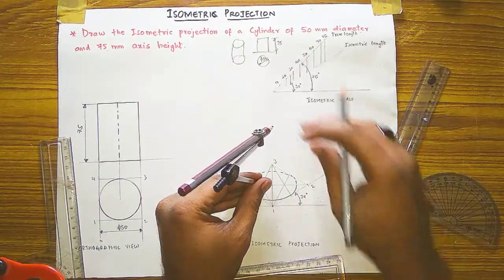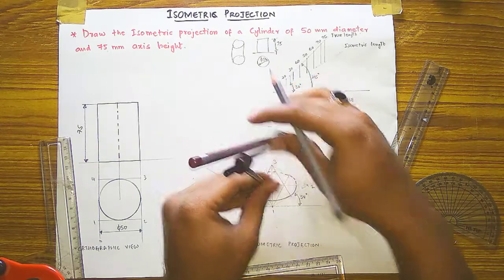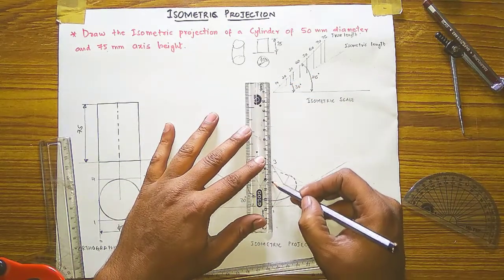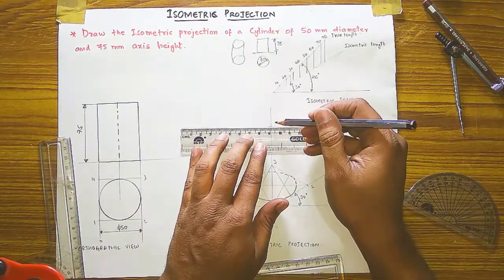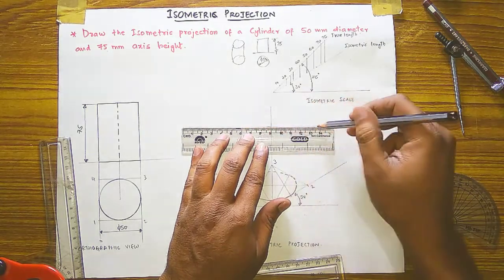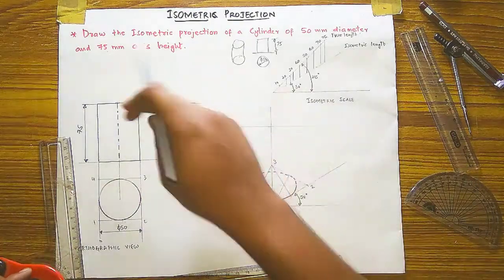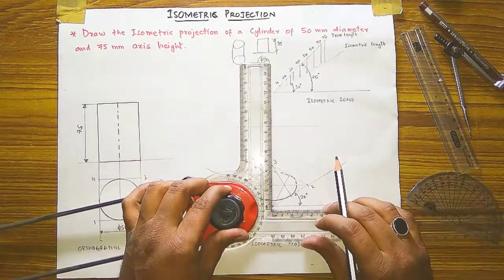So keeping on that, I am taking an axis height like this and taking an arc. Okay, and drawing a line like this and like this. You have to draw the top face of the cylinder.